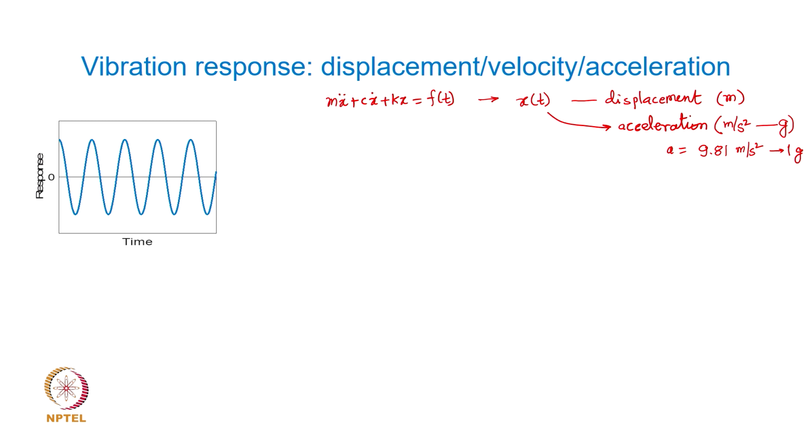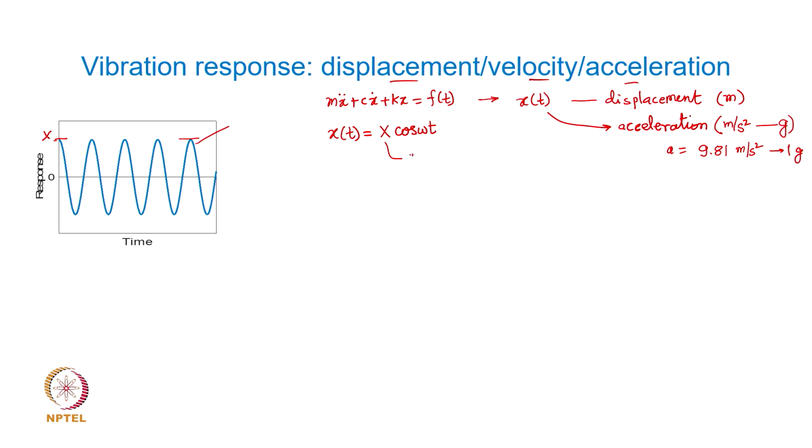Now, there is obviously a relationship between displacement, velocity and acceleration. We all know that we write x of t typically as X cos omega t. This is what we are seeing this response as, the x of t is X cos omega t, where X actually is the amplitude of vibration, right.